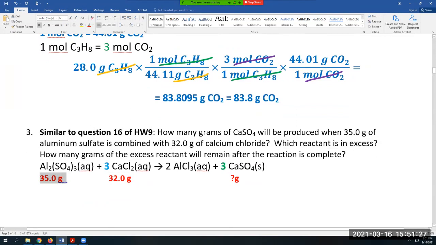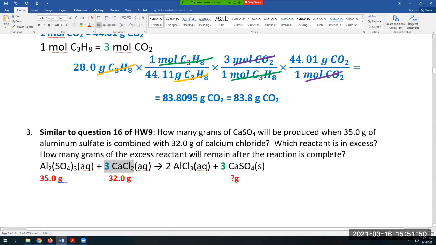But as you know, the masses don't tell you anything about which one is limiting, because the molar mass of each compound can be quite different, and what matters is the number of moles. You need 1 mole of aluminum sulfate to react with 3 moles of calcium chloride. So that's what matters.